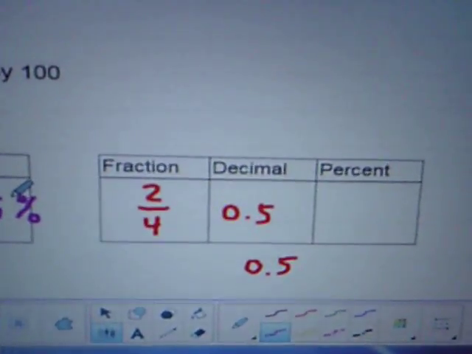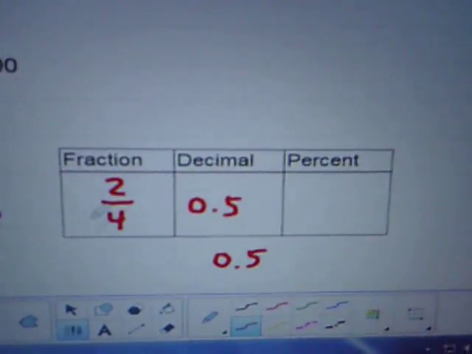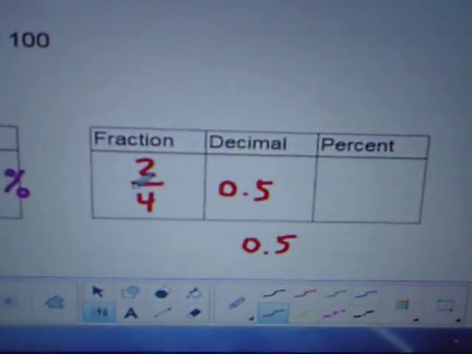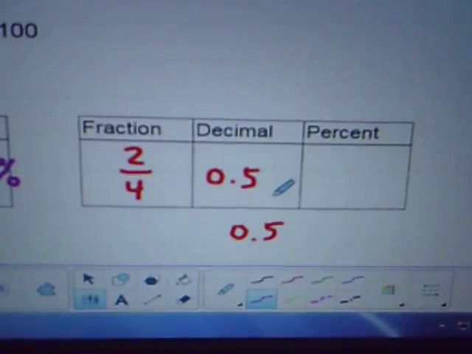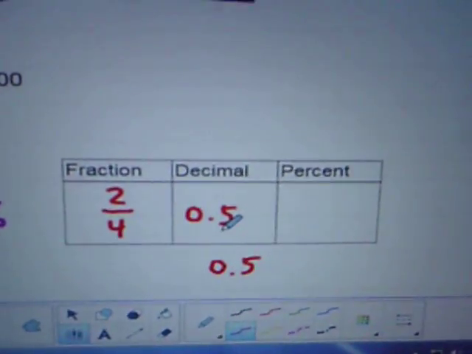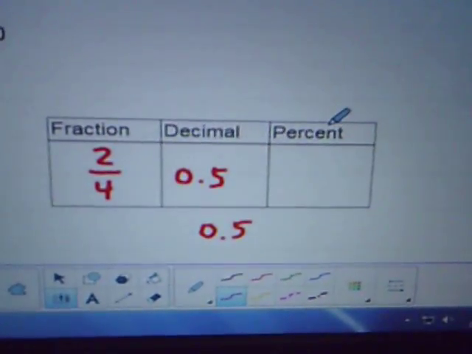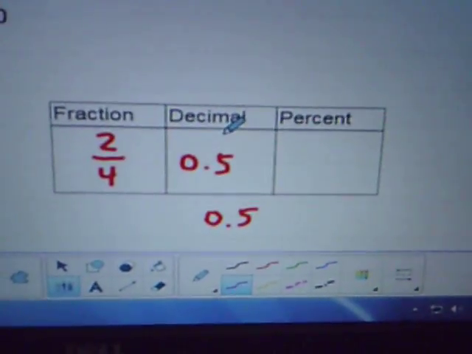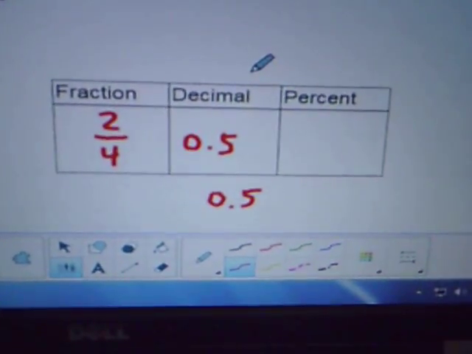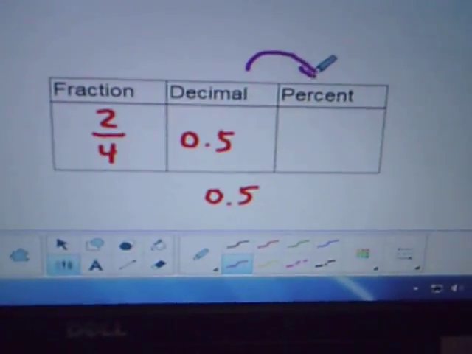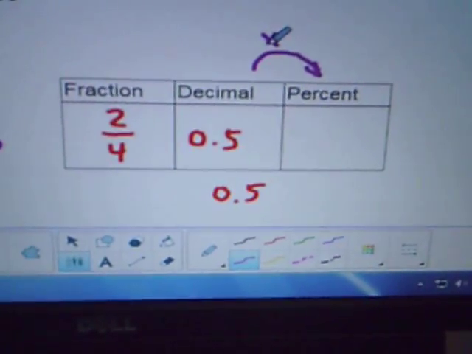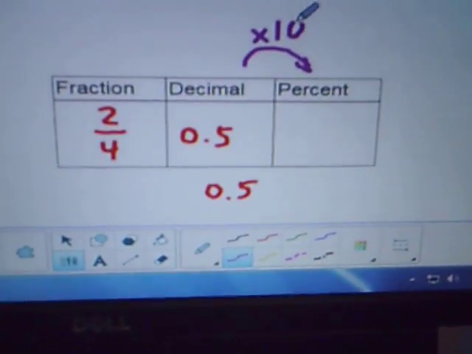Let's look at another example. Again, like last time, we started with the fraction 2/4. We did 2 divided by 4 and got this decimal, 0.5. So in order to change this into a percent, we simply multiply by 100. Okay? Take the decimal and multiply by 100.